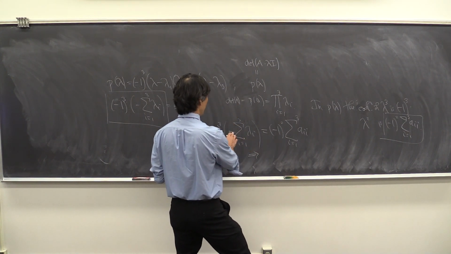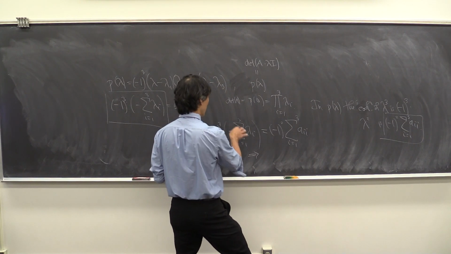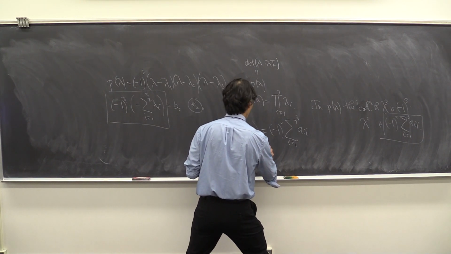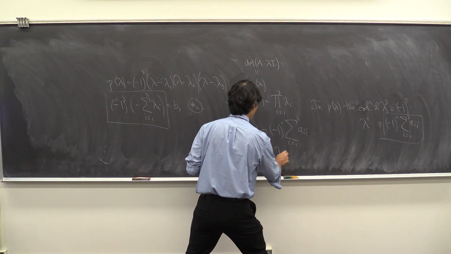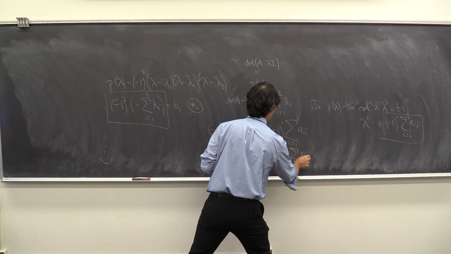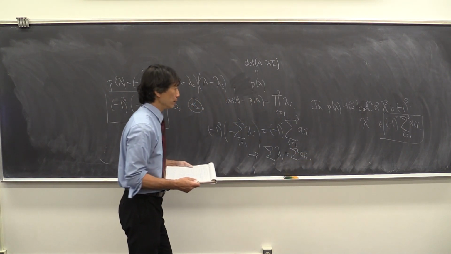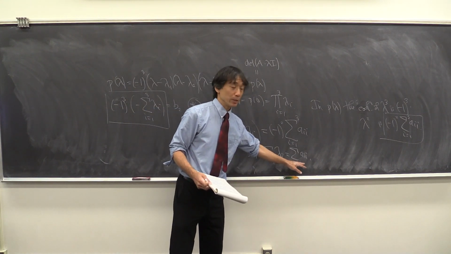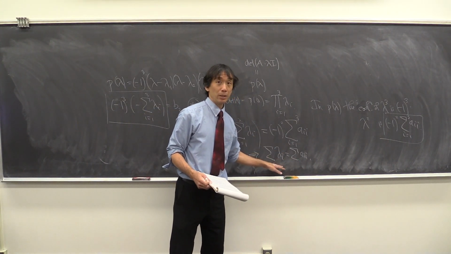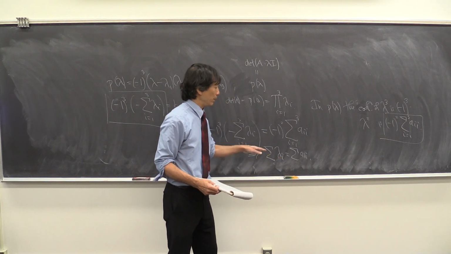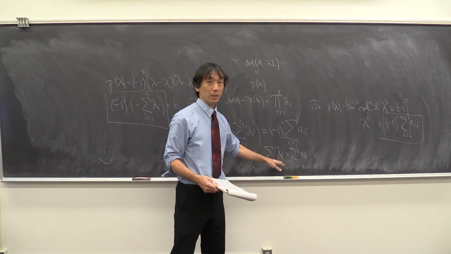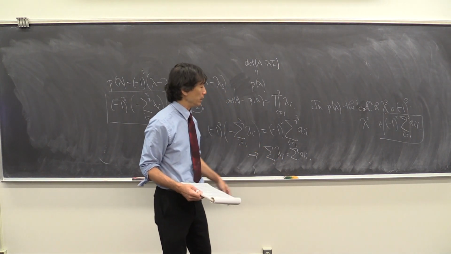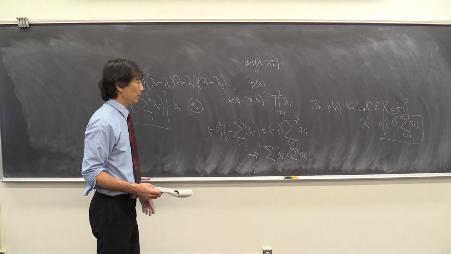The negatives all cancel out, and we end up with the summation of the lambda i equals the summation of the aii. In other words, the trace of the original matrix equals the trace of a matrix with the eigenvalues down the diagonal.